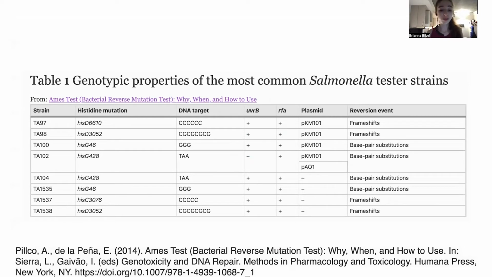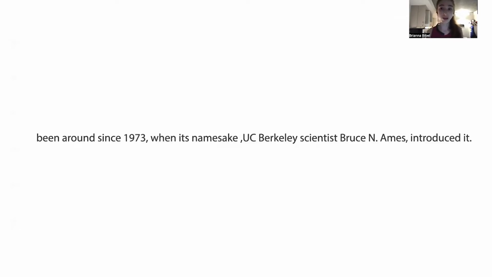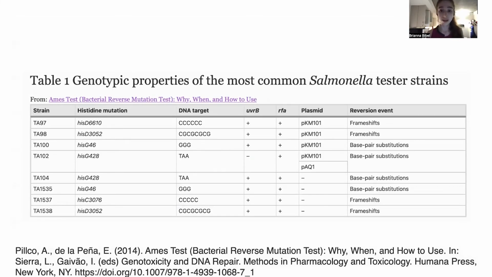This technique was originally developed in 1973 by the UC Berkeley scientist Bruce Ames. Since then there have been a lot of modifications, including the use of different bacterial strains that can detect different things. Often these are Salmonella strains.